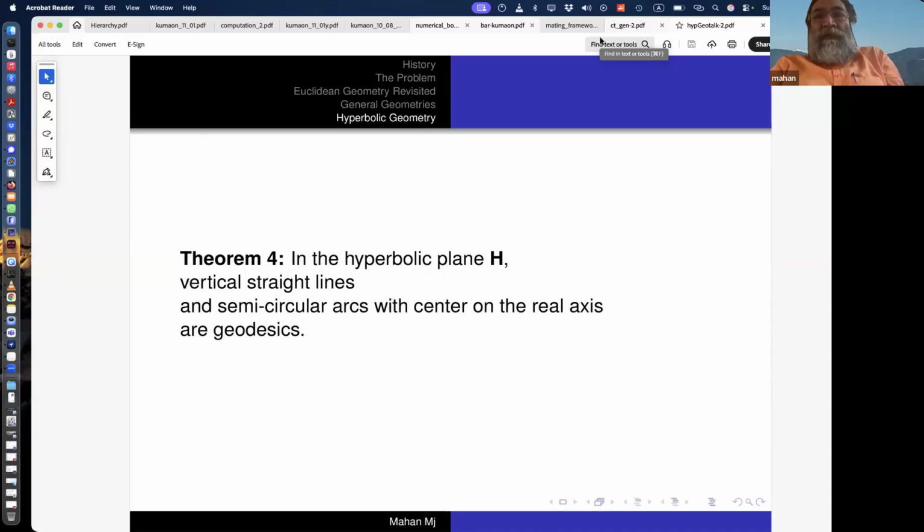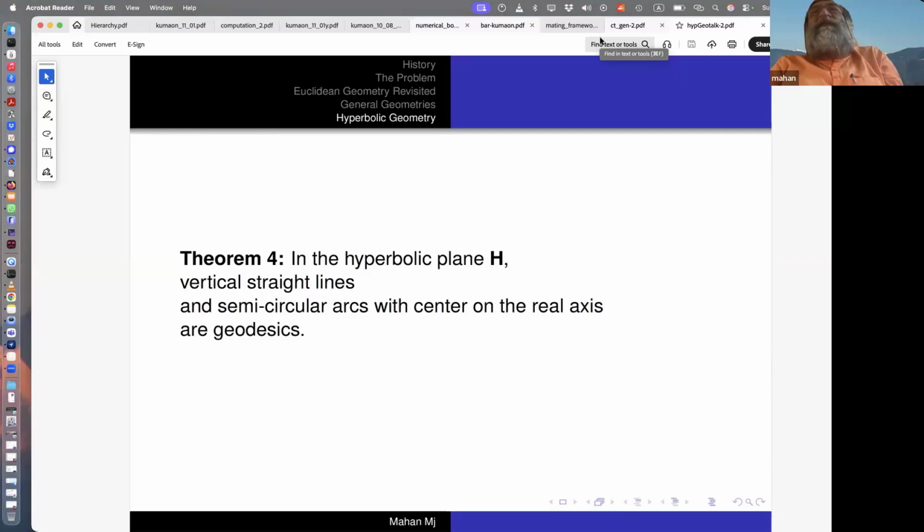And the question was, how many straight lines are there through that point which are parallel to that vertical straight line? Which means how many straight lines are there through that point which do not meet the original vertical straight line? Certainly the vertical line through that new point is. But then there are semicircles which pass through that point and do not meet the original vertical straight line.